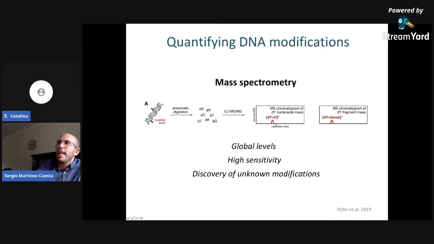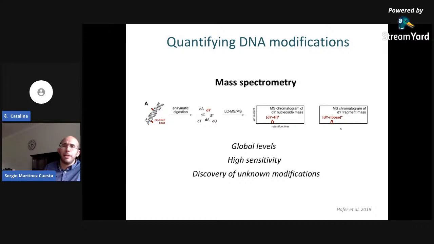And then, using standards, you can detect the modifications that are present within your DNA. Okay, so for example, here we've been able to detect this in the MS chromatogram. This method is commonly used for determining the global levels of modification, it's a very highly sensitive method, and it's usually used to discover new modifications.